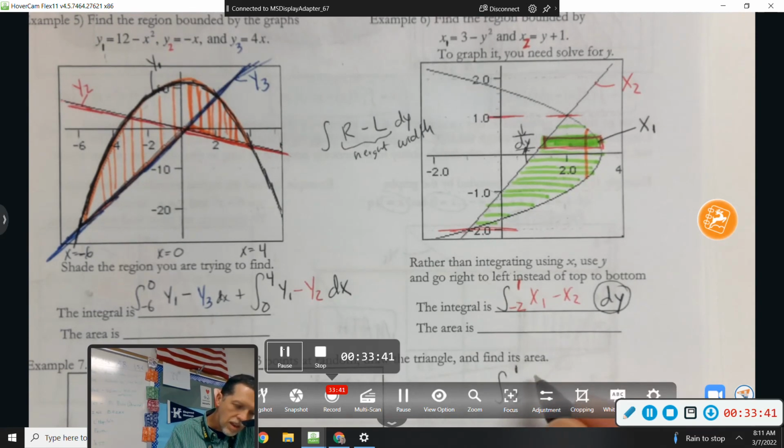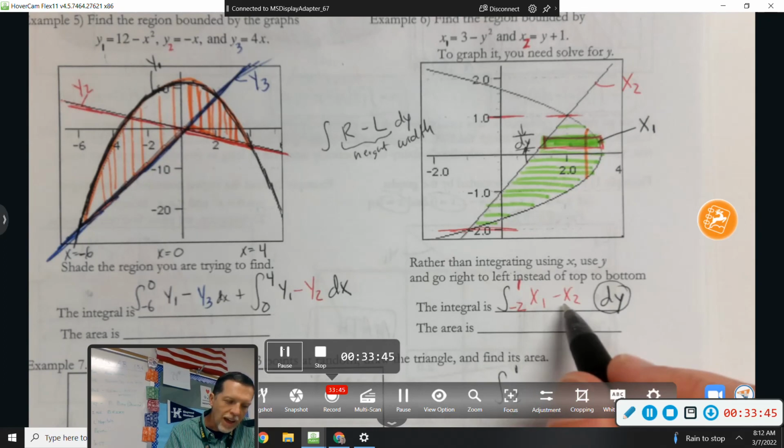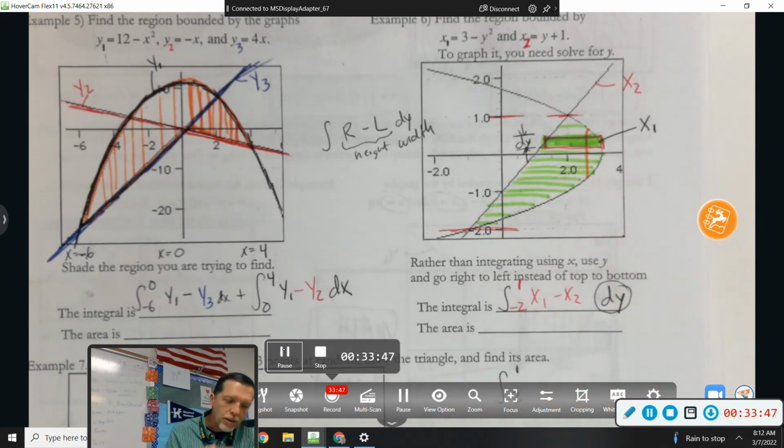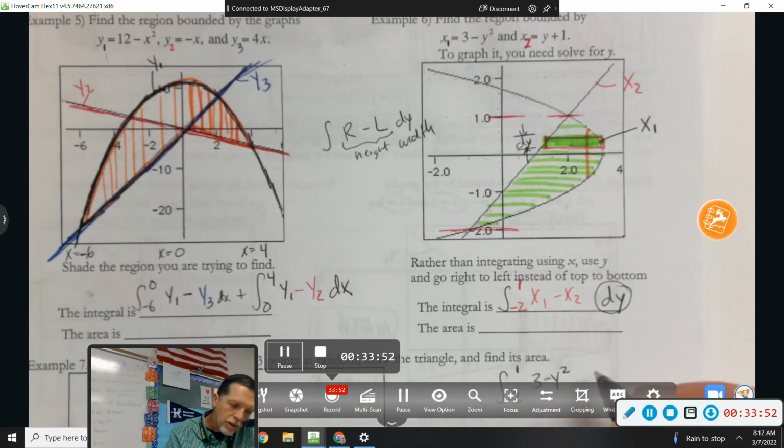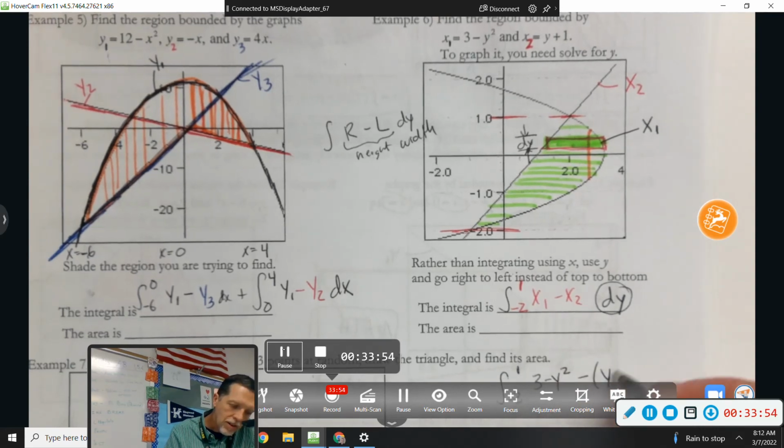This one's a little harder to do in the calculator because you don't have x equals in the calculator. So 3 minus y squared minus y plus 1 dy.